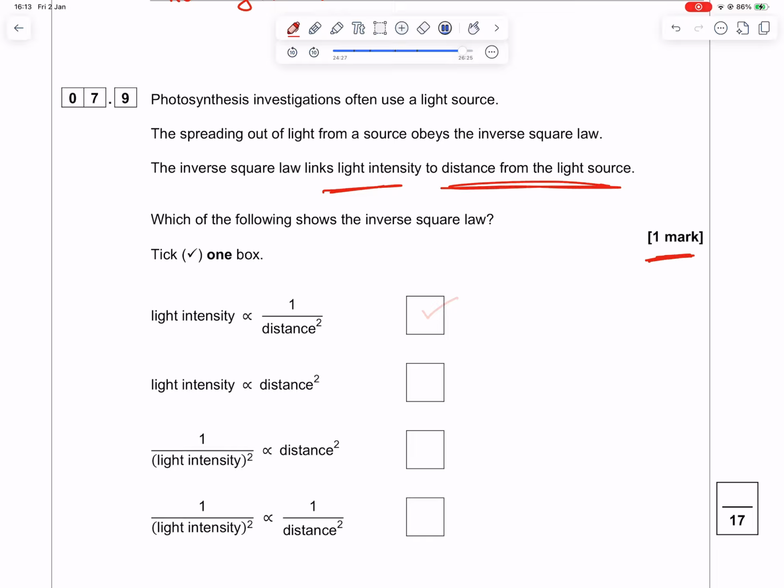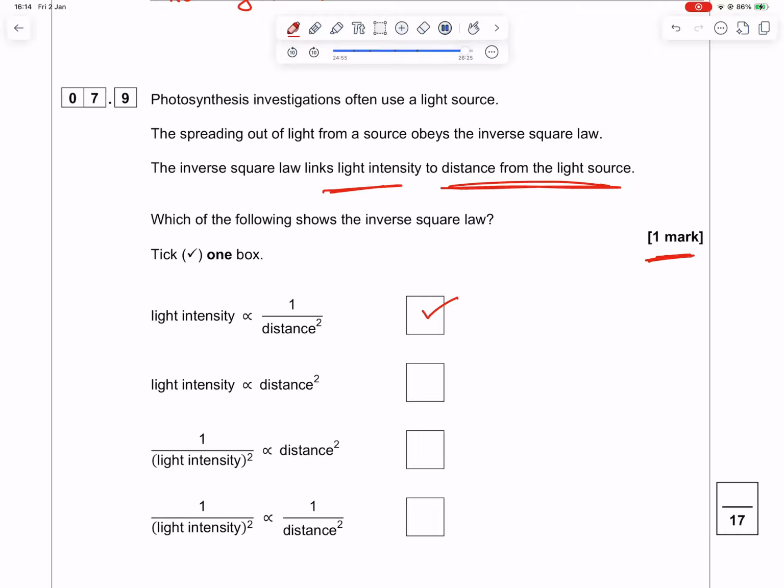So this is inverse proportion, as you've already learned in your GCSE mathematics. If one quantity increases, the other quantity decreases. So therefore, light intensity is inversely proportional to 1 over distance squared. That's the correct one.